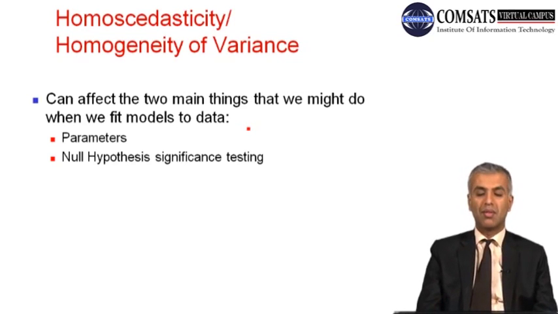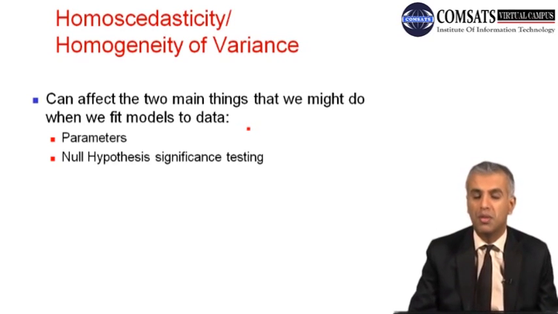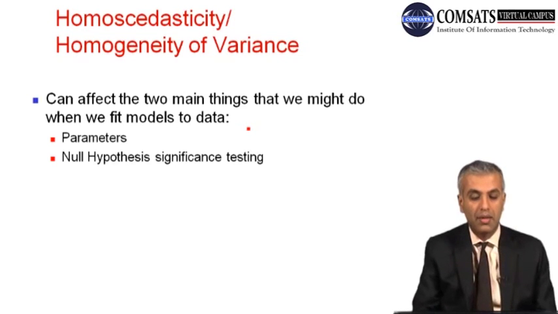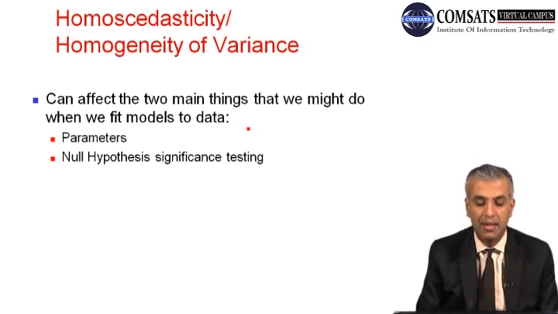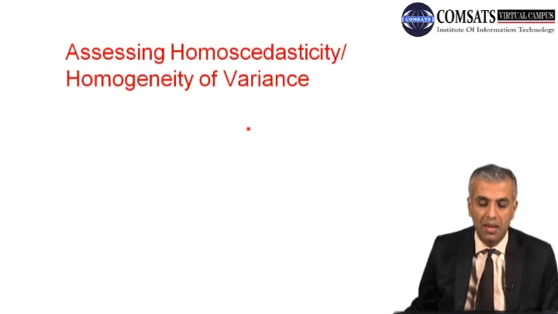That's why it is important that variance homogeneity is ensured over the whole data set, because the null hypothesis can be deeply affected by it.